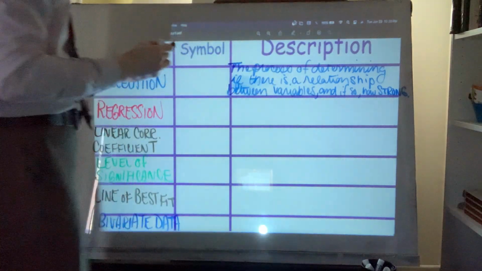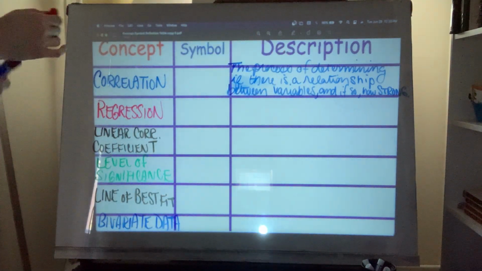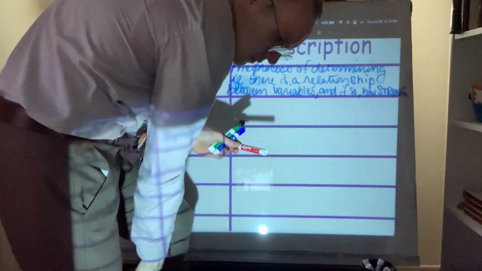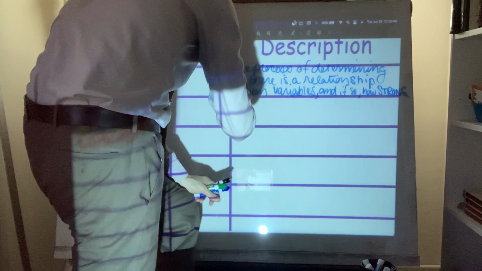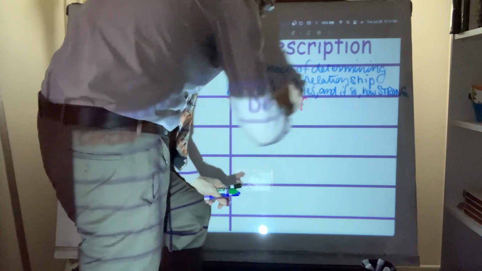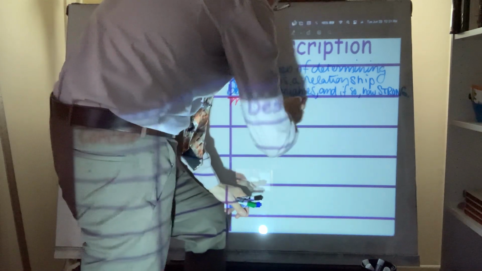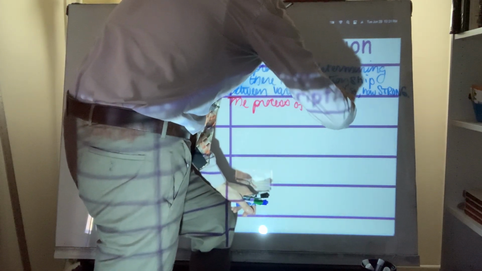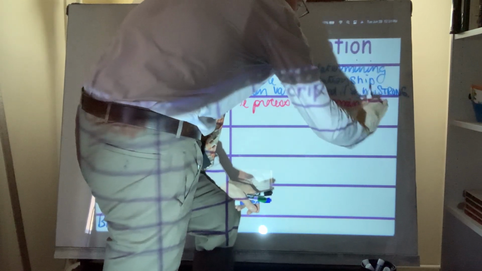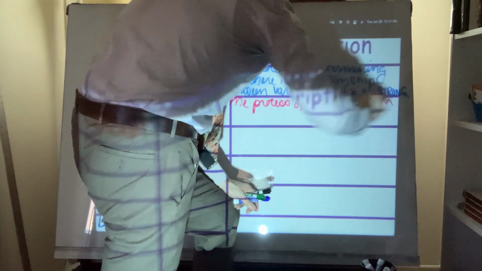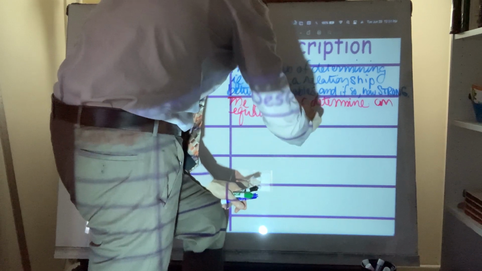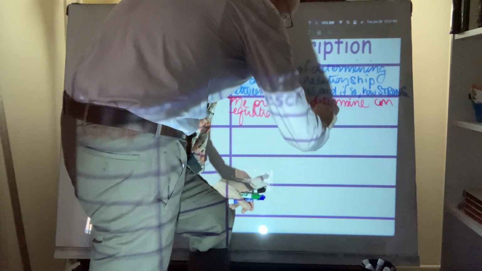How strong? Okay. Regression is essentially the process of determining an equation to describe that relationship.